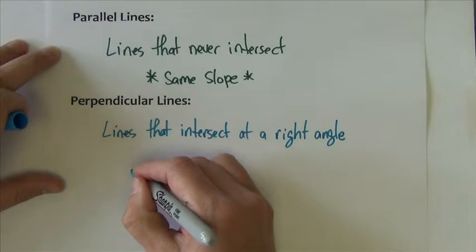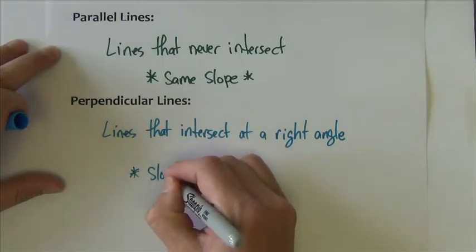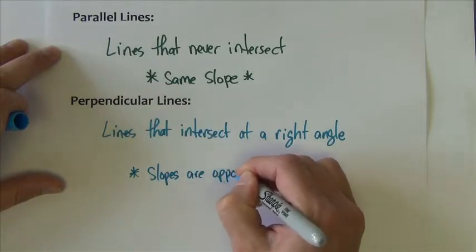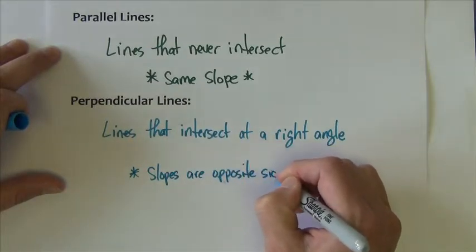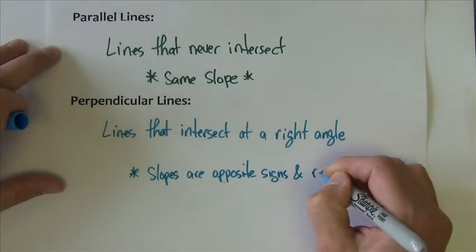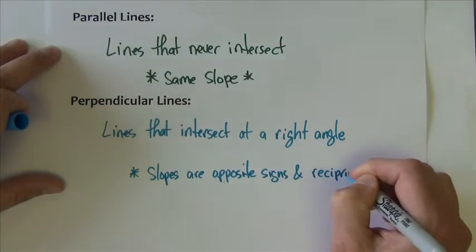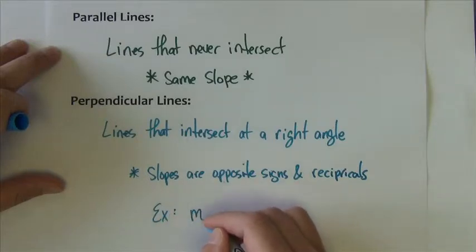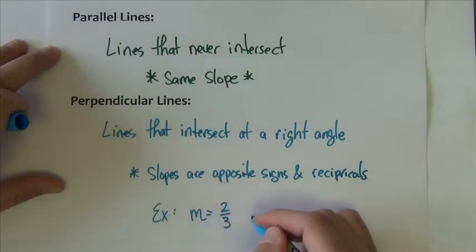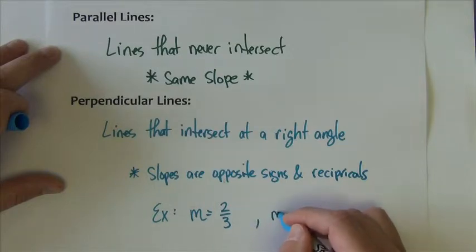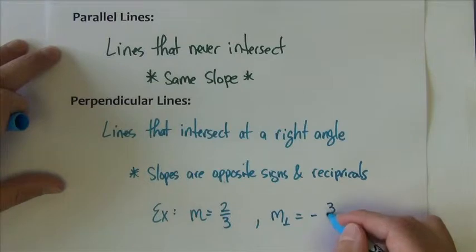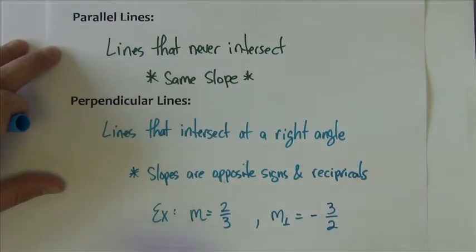Their slopes are opposite signs and reciprocals. An example of that would be if the slope of one was 2/3, then the perpendicular slope would be the opposite sign and reciprocal, -3/2. Easy enough.